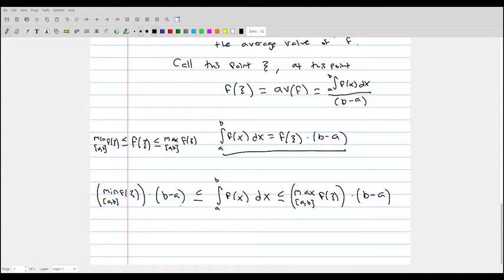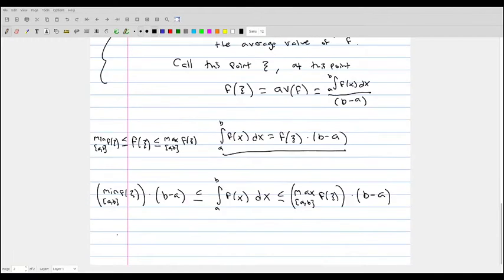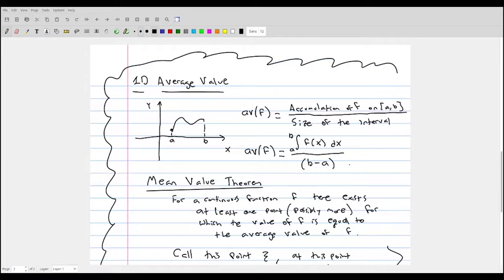But the idea here is that this is kind of a review of the 1D mean value theorem and the 1D average value formula from single variable calculus, so a Calc 2 course. As it turns out, which is a very common theme in multivariable calculus, this can be directly generalized to double integrals, and also, we'll see, to triple integrals a little bit down the line.